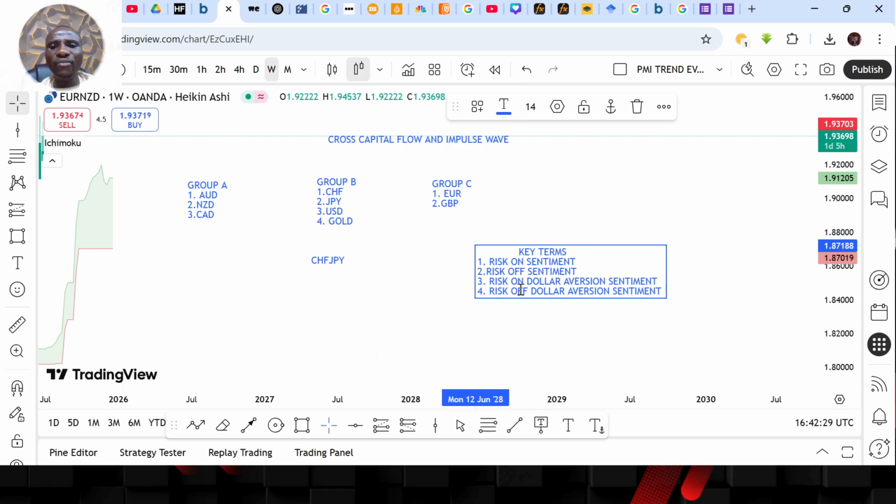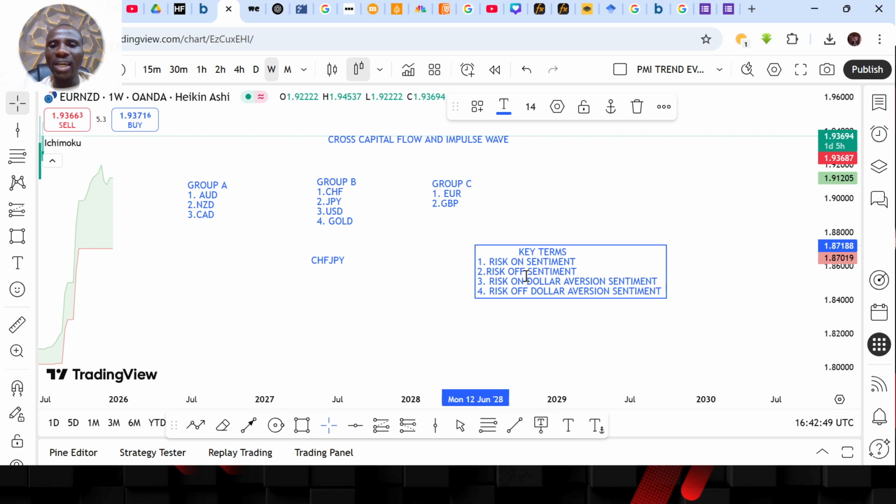If that happens, there's going to be a trigger of panic in the global market, and because of that, capital will be flowing away from the high yield commodity currencies, which is group A, into the safe haven, which is group B.